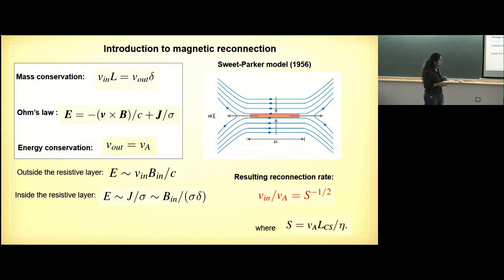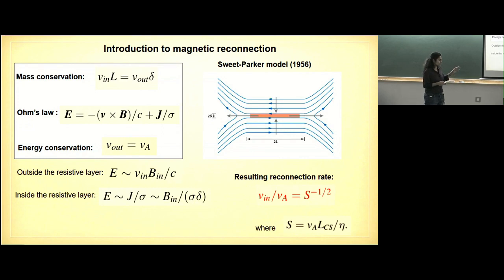The Lundquist number is typically really large in most astrophysical systems. Like in the sun, where the magnetic Reynolds number is also very large, the Lundquist number is something like 10 to the 12. So the resulting reconnection rate is going to be really small in the sun.